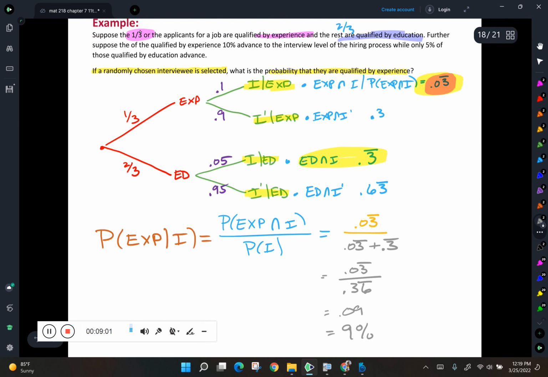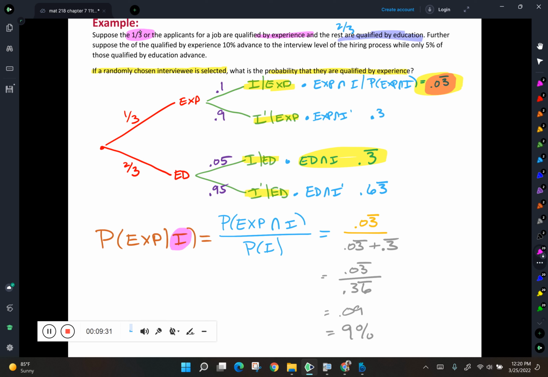1/3 of the applicants are qualified by experience. 2/3 are qualified by education. 10% if you got there by experience, got an interview. 90% didn't get an interview. 5% get an interview if you got there by education. 95% don't. If I walk into the interview room, which is only full of people who got an interview, and I say, what's the probability that they got there by having experience?